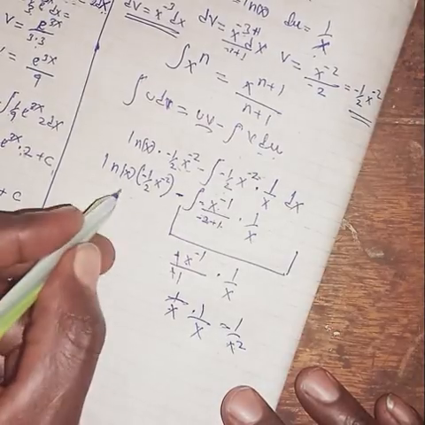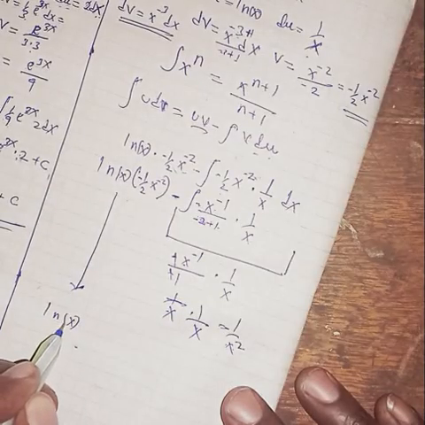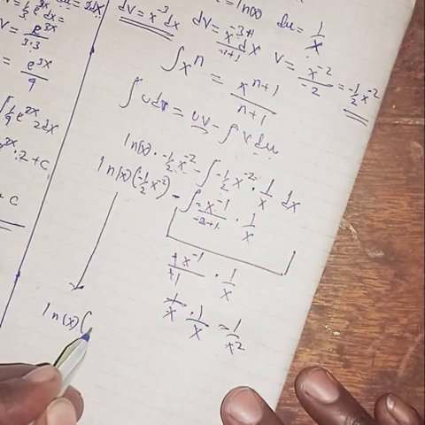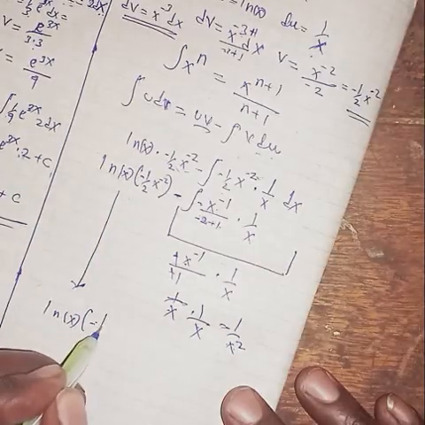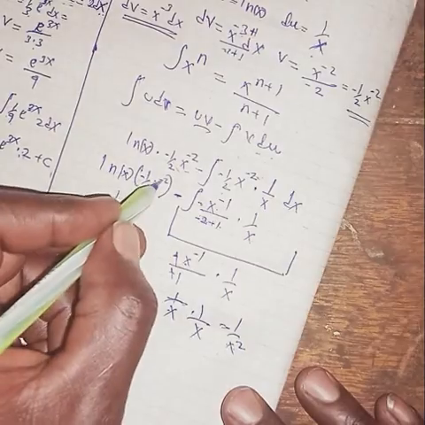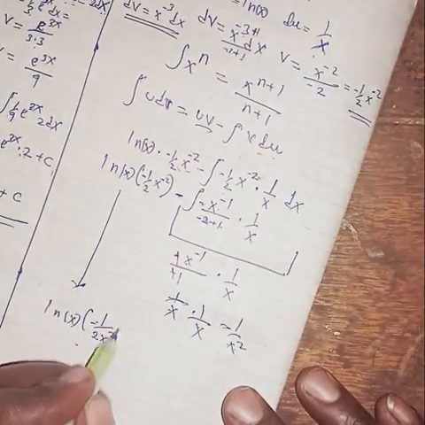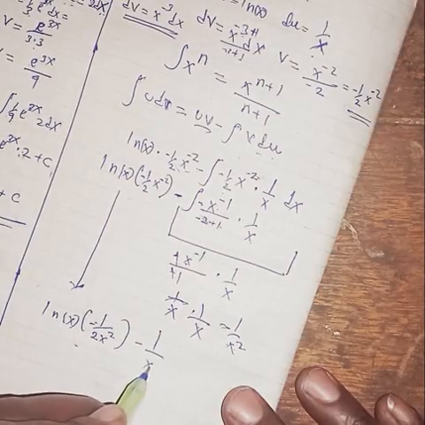So we'll have ln x into this one, and we can decide to bring this x down here so that we eliminate this negative, and then minus 1 over x square.